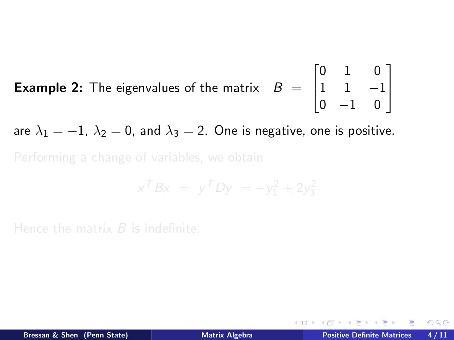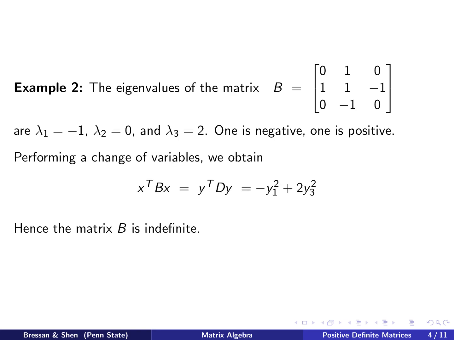Example number 2, look at the matrix B, which is this. After computing the eigenvalues, we found that lambda 1 is negative 1, lambda 2 is 0, and lambda 3 is 2. So they have mixed signs: lambda 1 is less than 0, and lambda 3 is bigger than 0.